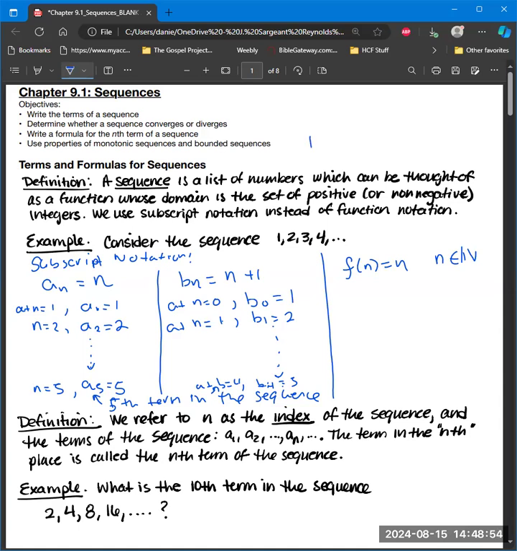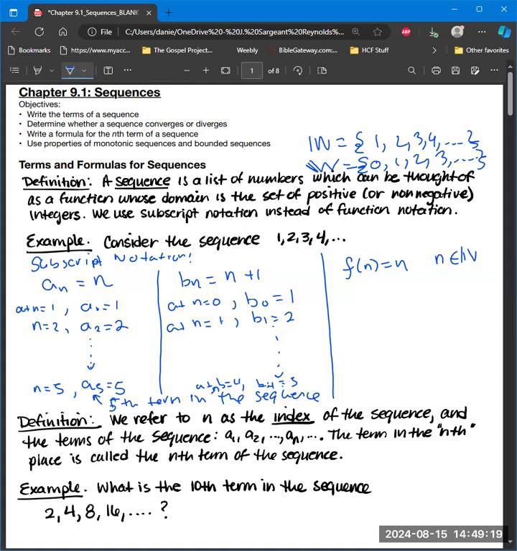The natural numbers, just so you remember, are the set 1, 2, 3, 4, and so on. The whole numbers are 0, 1, 2, 3, and so on and so forth.